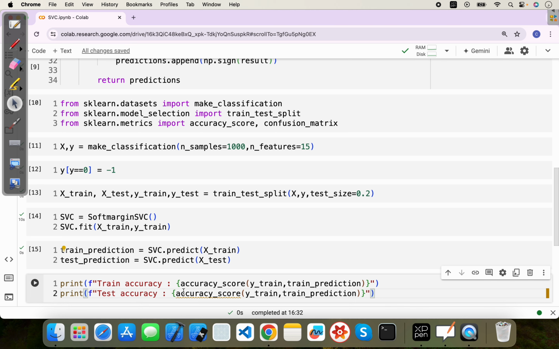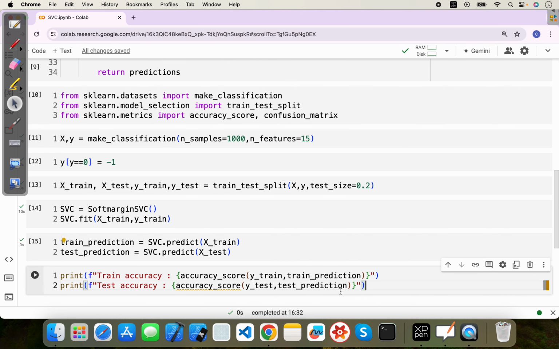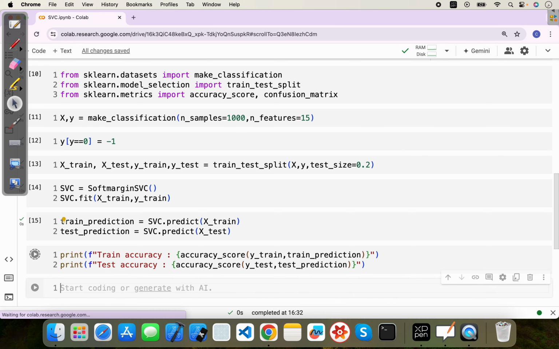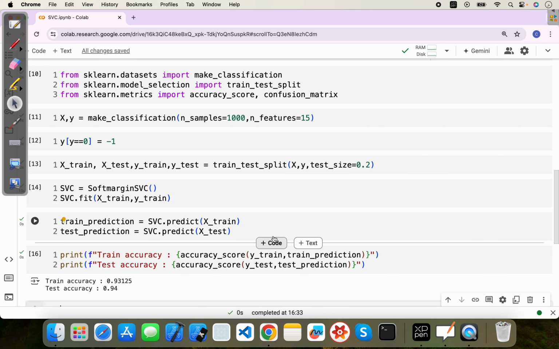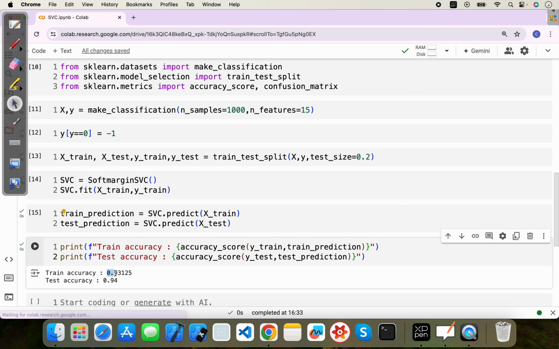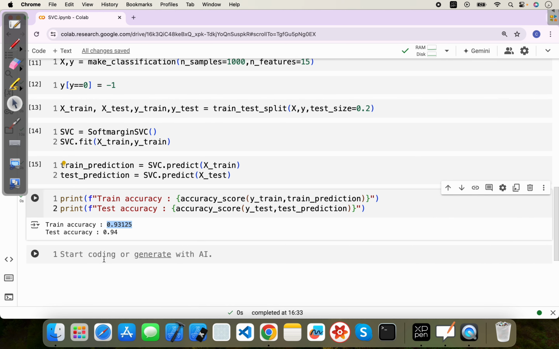Test accuracy would be y_test and test prediction, right? Okay, so let's run and check it out. For training we receive 0.93 accuracy and for test we receive 0.94. It is basically 93% in training and 94% in testing, right?